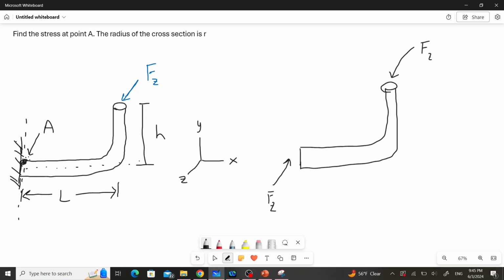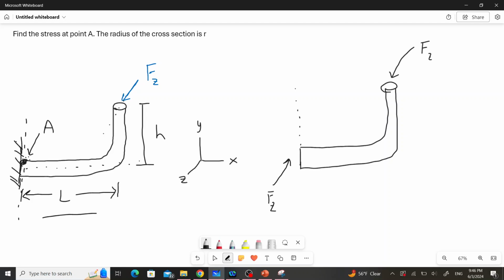So there's going to be a moment about the y-axis because this force Z, if we're looking over at the left, would normally be causing a moment against the wall that's equal to that force multiplied by this distance L. Okay, so if this is our y direction, this force times L applies a moment that would be in the negative y direction.